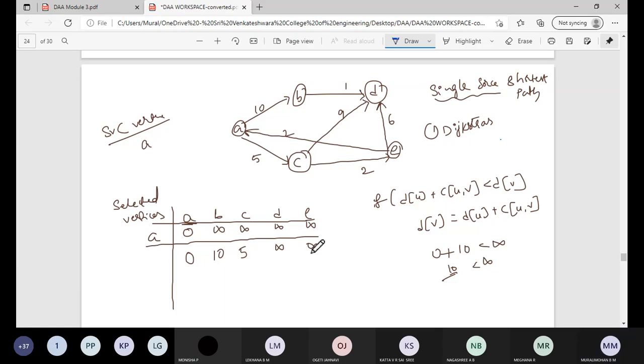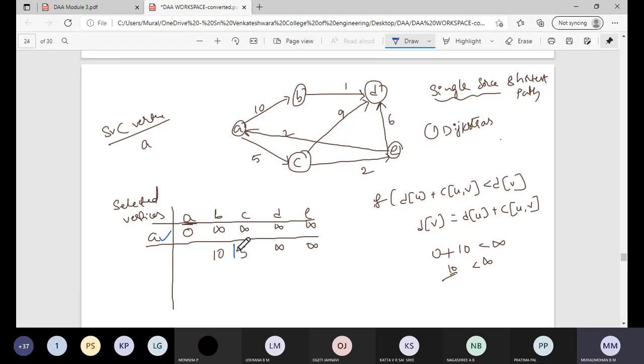Okay. Now out of these values 0, 10, 5, infinity, infinity, you select the minimum. Which is minimum? You just leave the selected vertices. A is already selected. Now in this 10, 5, infinity, infinity, which is minimum? 5, right?